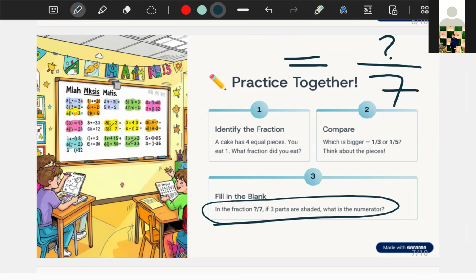The denominator is already given as 7, the total equal parts, in the question. We just have to write the numerator, and the hint says three parts are shaded, meaning out of 7 three are shaded. So the answer is 3 by 7.